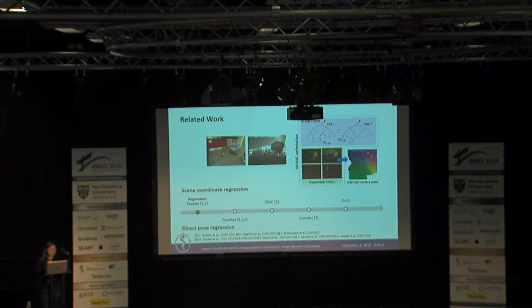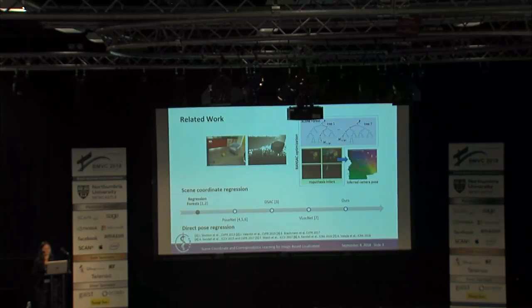Image-based localization has been widely researched in the last few years. The most related to our method can be divided into 2 groups, scene coordinate regression and direct pose regression. Initially, regression forests were used to predict scene coordinates given RGB and depth features extracted at image pixel locations.